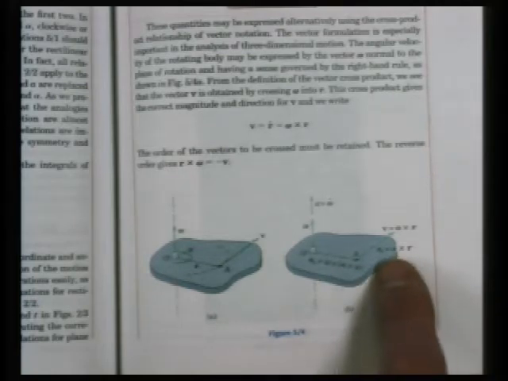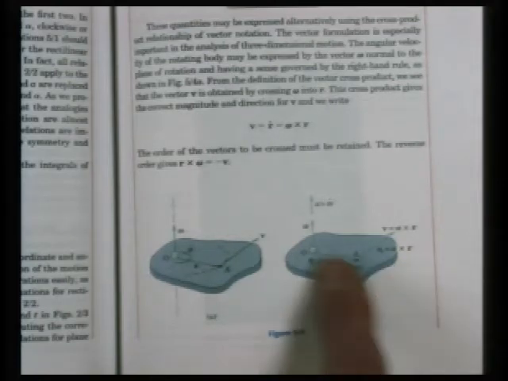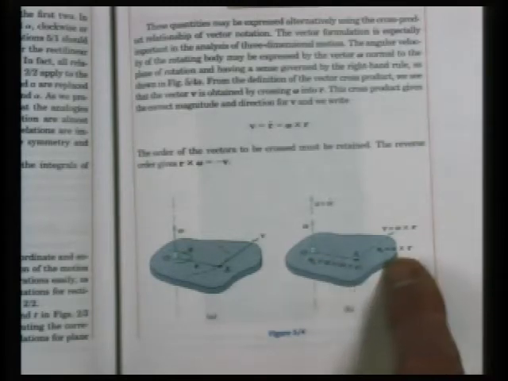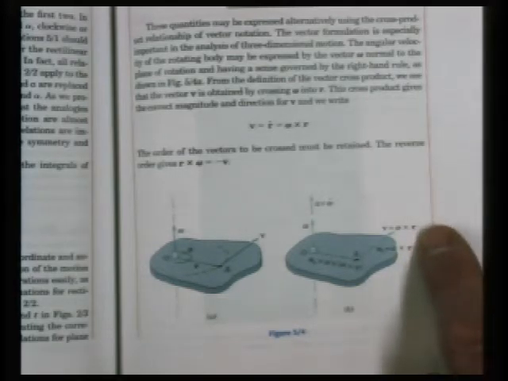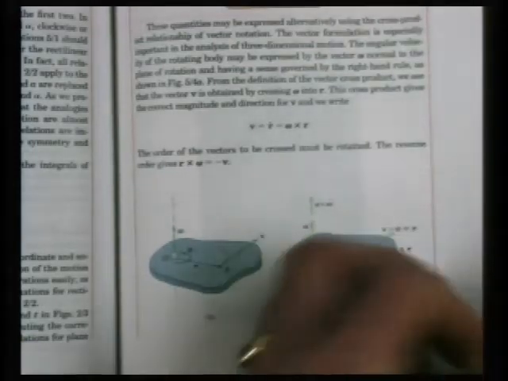And then the tangential acceleration is perpendicular to the radial arm coming out, and it's alpha cross r. And then the velocity is omega cross r.